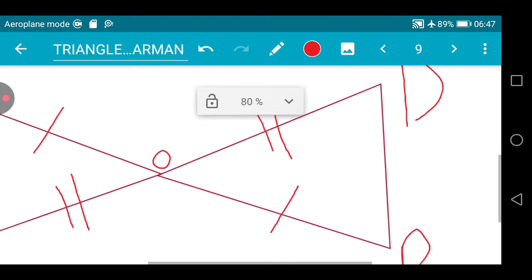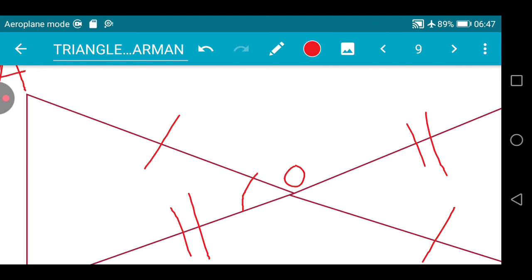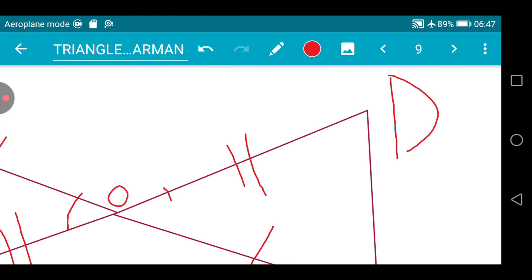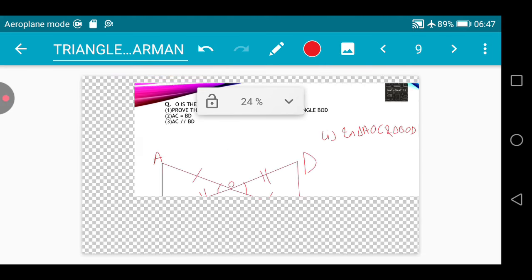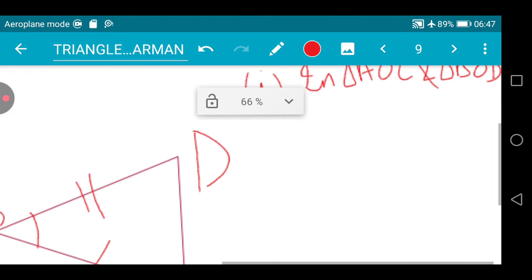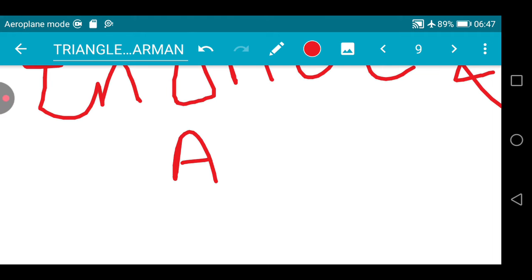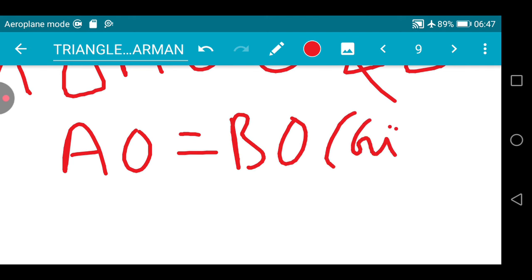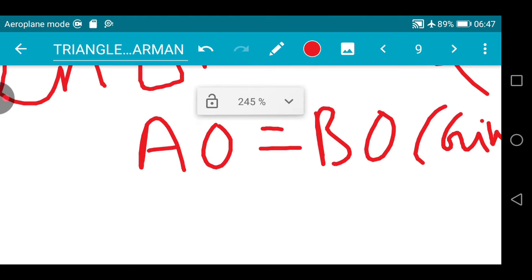So can I say angle AOC is equal to angle BOD? Why can I say it? Firstly I will write AO equal to BO, it is given. Every time when we are working with congruent figures, we will write the reason why it is equal.